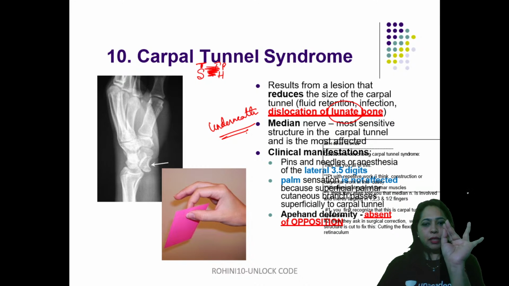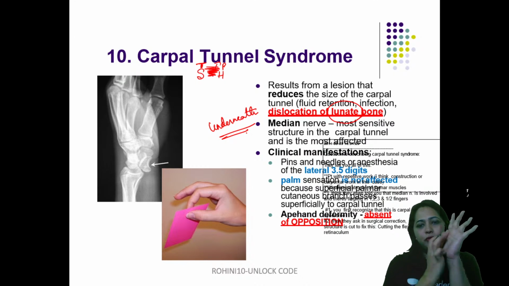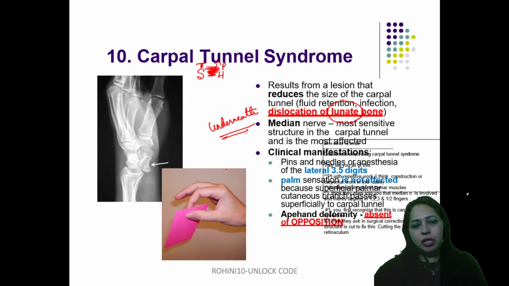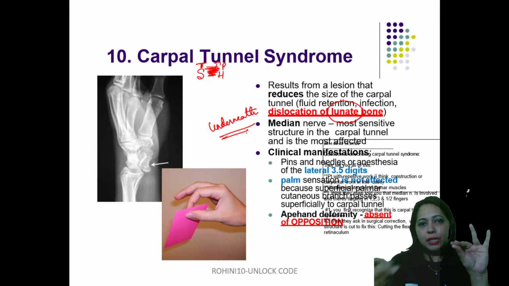So the palm sensation is not affected, only the fingers have pins and needles. The superficial palmar cutaneous branch goes above and this region is unaffected. The fingers are definitely going to be anesthetized.